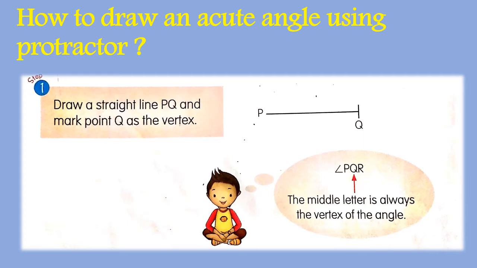Since I am going to draw this PQR angle, this middle letter, as I told you earlier, should always be the vertex of the angle. Then this Q is the vertex of this angle. First I am drawing this PQ line and I have considered this Q as the vertex.